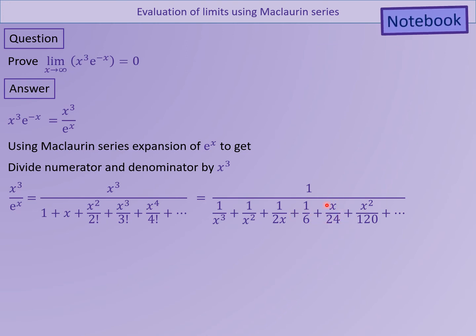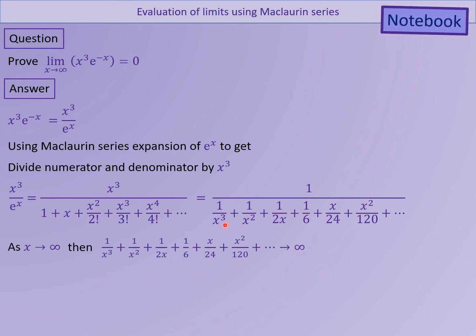Now, x is approaching infinity. These guys here are very small compared to infinity divided by 24. And that's even smaller than this, which is infinity squared divided by 120, and so on. So these values here are all going to go towards infinity. Definitely sort of gobble up those. So the whole of that value on that denominator is going to tend towards infinity. Okay. So we've got infinity as our denominator.